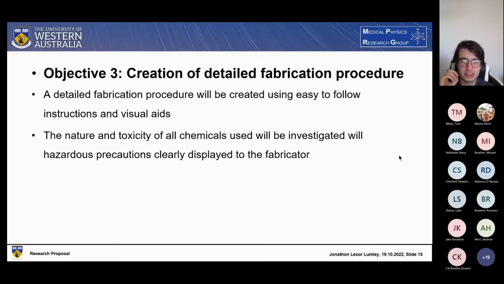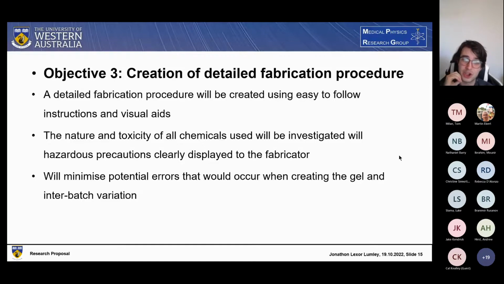This procedure is extremely important, as we cannot assume that there is going to be a dedicated person with expert knowledge to make this gel each and every time we want to use it. Especially if you talk about routine usage. Therefore, having a detailed procedure would minimize any errors that occur when creating the gel, and also it would minimize inter-batch variation, which is extremely important when we're talking about dose distributions.